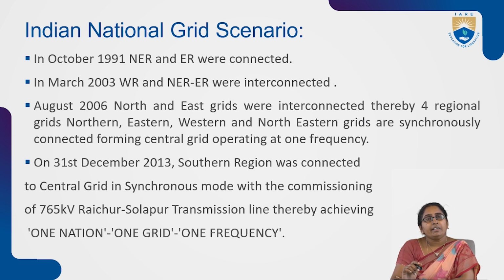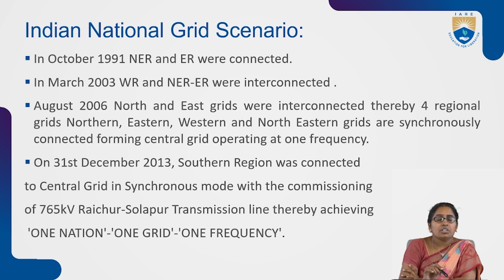Initially, in October 1991, the northeastern region and eastern region were interconnected. Then in March 2003, the Western region and the NER-ER grid were interconnected.